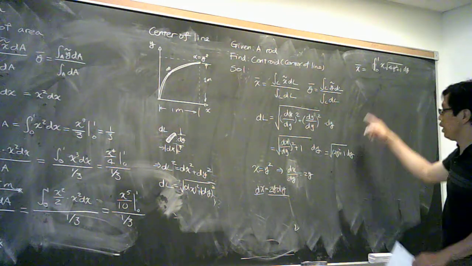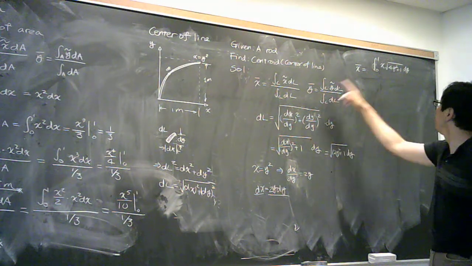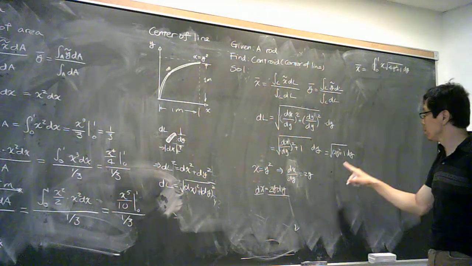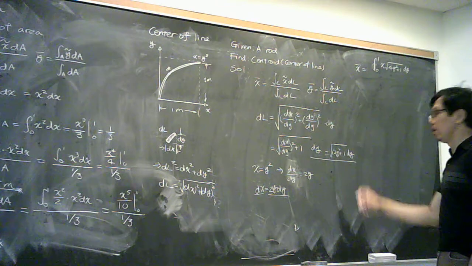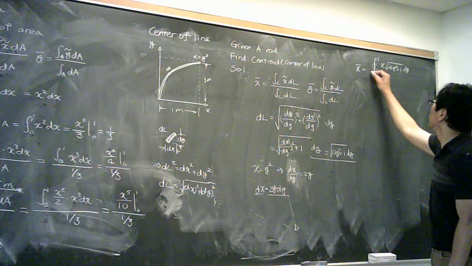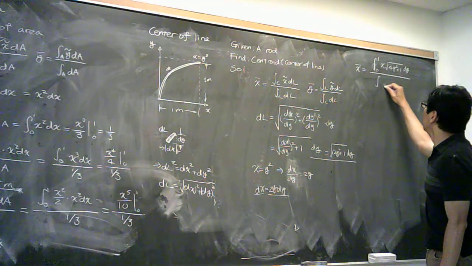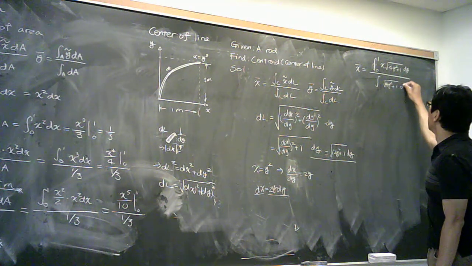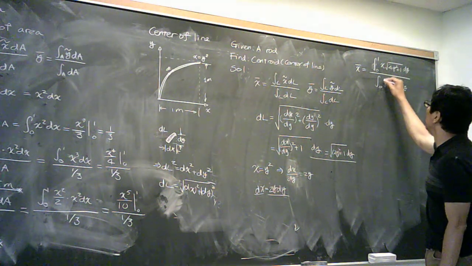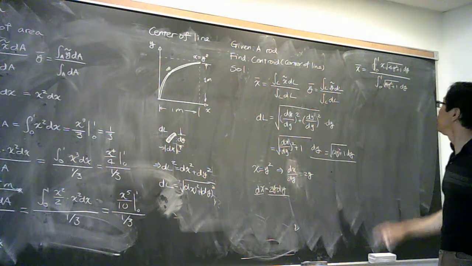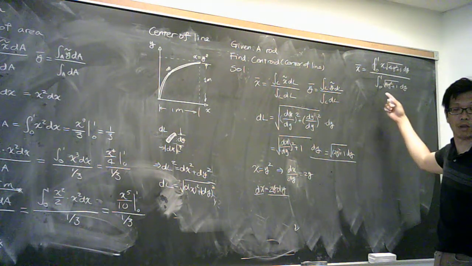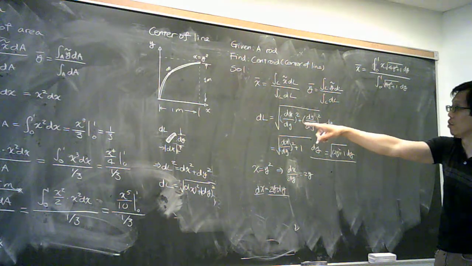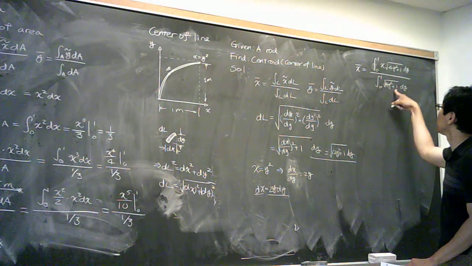I'm not doing anything. X remains the same. Replace dl with something we just found over here, divided by... Since we know it's in terms of y and we know the range of y, that is 0 to 1, we can just plug things over here.